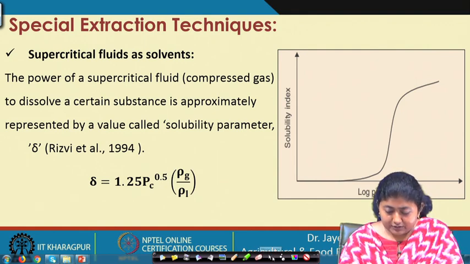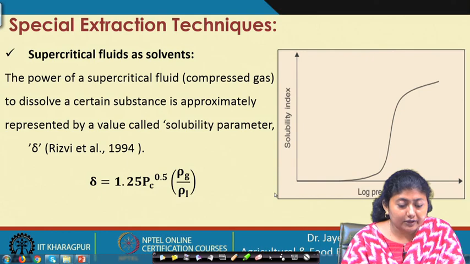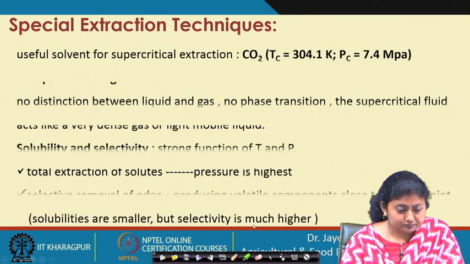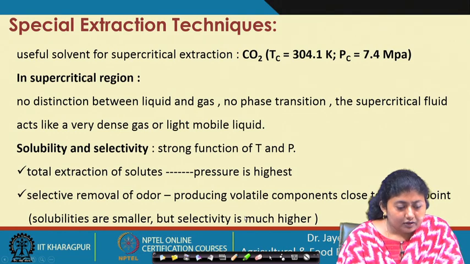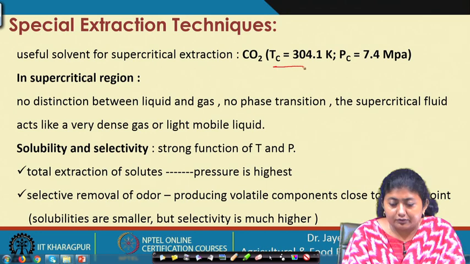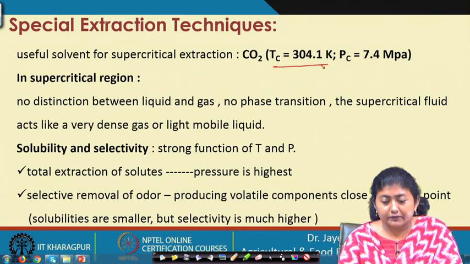Normally carbon dioxide is a very common supercritical fluid, and in many food processing sections they have now started using this supercritical extraction technique. The solvent generally used for supercritical extraction is carbon dioxide, as I mentioned, which is very common, and its critical temperature is 304.1 Kelvin.